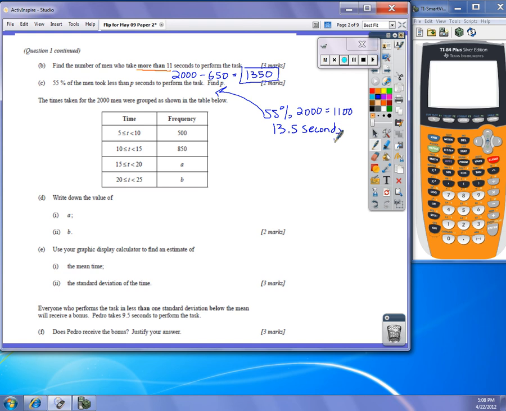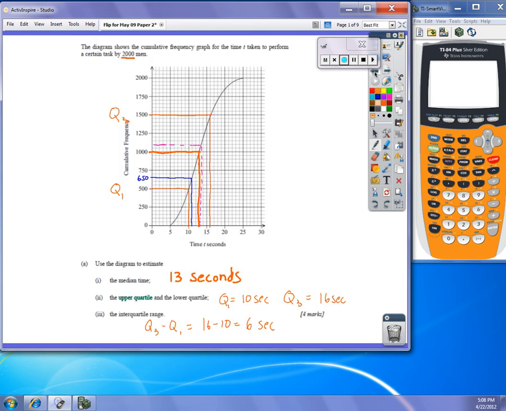So let's talk about that again. 55% of the men took less than p seconds. So 55% of 2,000 is 1,100, and then we're looking to see 1,100 people were less than what value, and we got 13.5 off the chart.